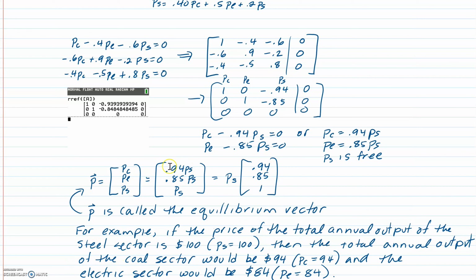That would be, you would multiply it here and get $94, and then the price of the electric sector, which would be 85. That's supposed to be an 85. These would be the 2 prices that you would need if the PS is 100 to make our system run smoothly, the equilibrium vector.